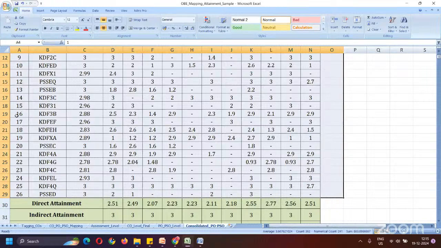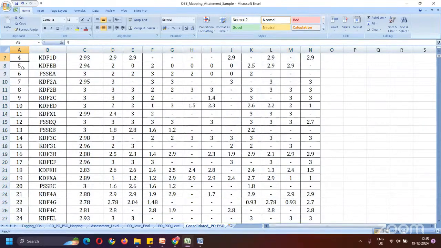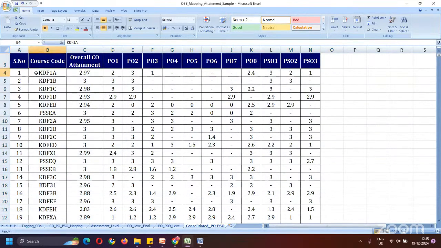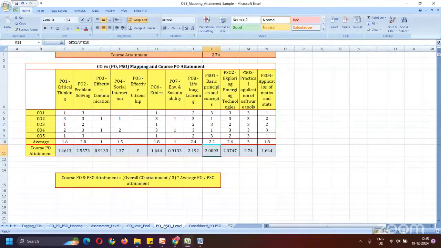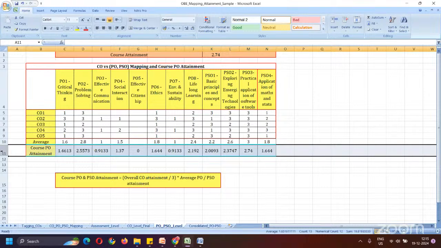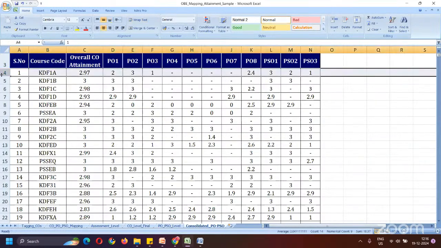For all the four semesters together, you have to enter the attainment level of POs and PSOs, which we have discussed here. For one course, this is the PO attainment, this entire line. Likewise, if you have 26 courses, at the end of the fourth semester you have to consolidate all the subjects here. You can take these five as the first semester papers.